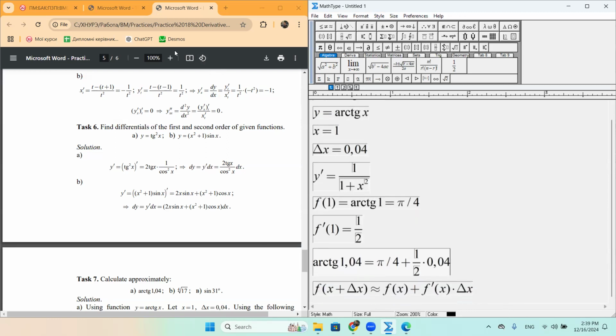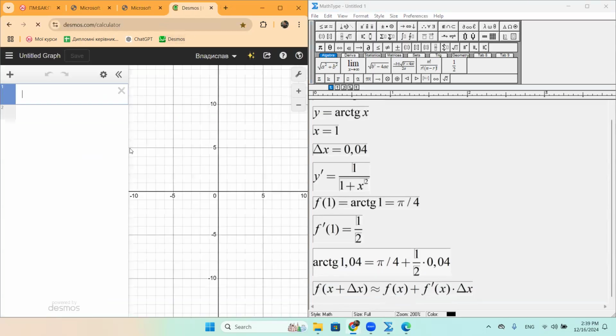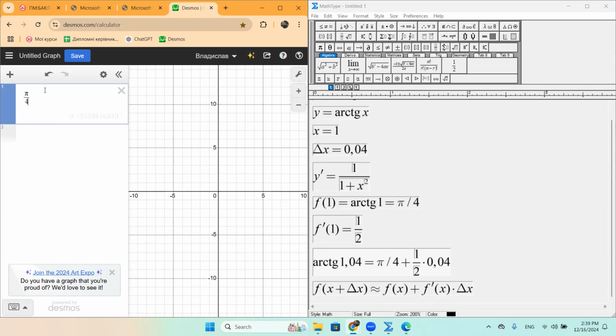And what we will receive, so let's calculate it. Yeah, of course, pi by 4 will be calculated only approximately. And arctangent of 1.04 is the next.